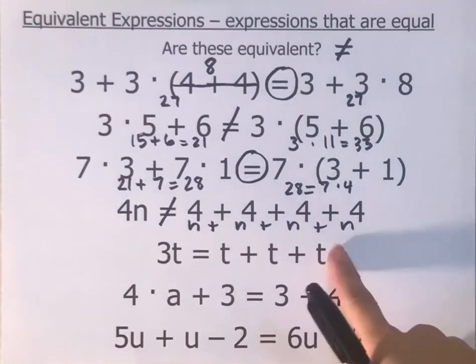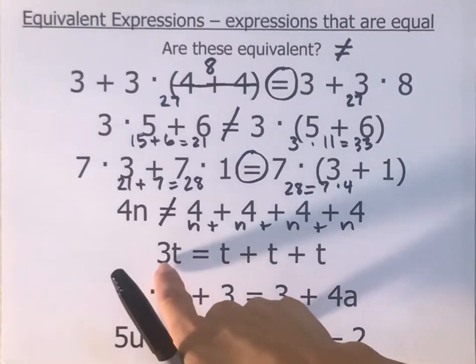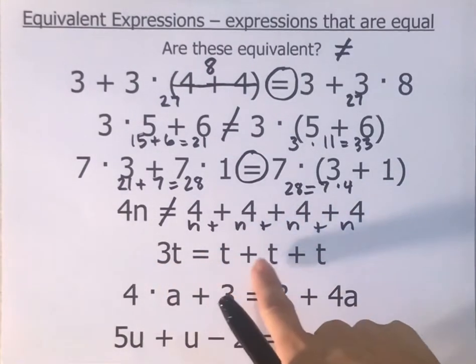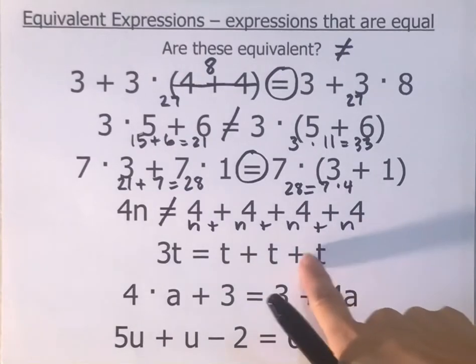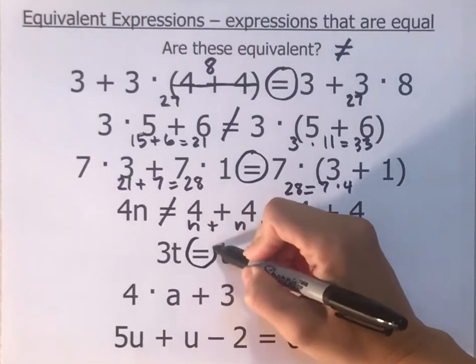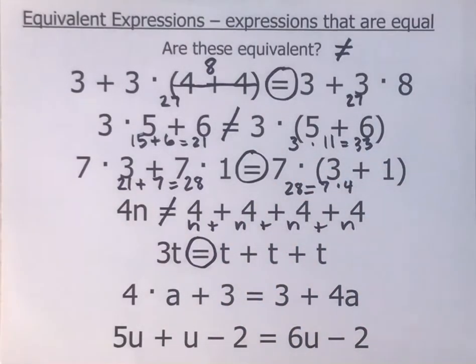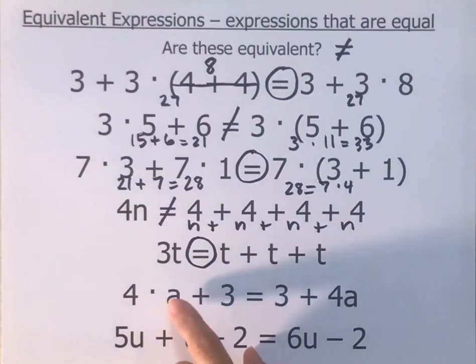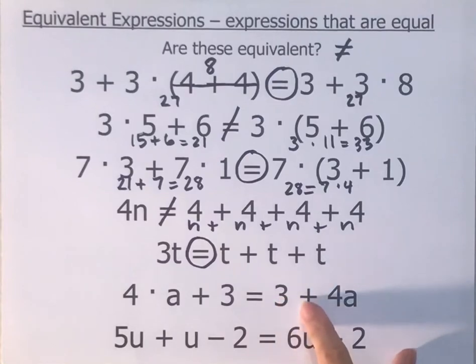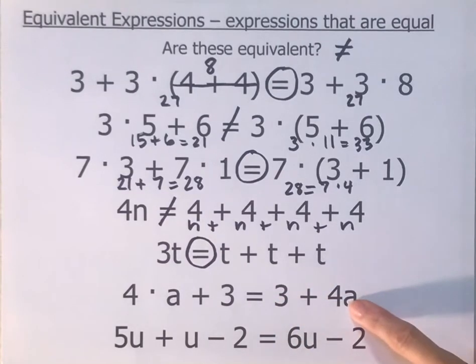All right, let's look at this one. I have 3 t's. So if you look here, I have 1, 2, I have 3 t's that are added together. So these ones are equal to each other. All right, let's look at this one. So this one I have 4 times a plus 3 is equal to 3 plus 4a. This one has no dot.